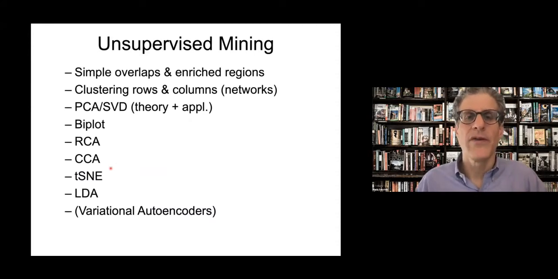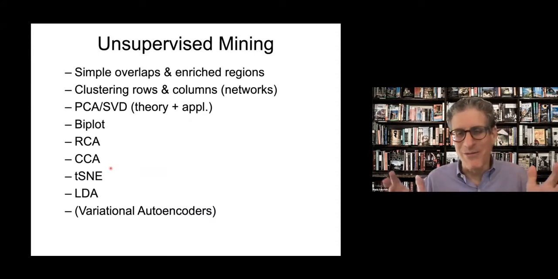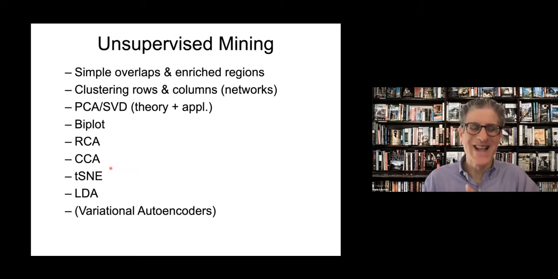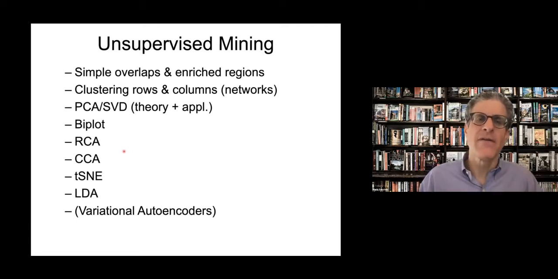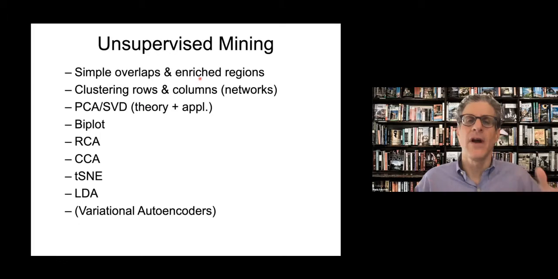And there's essentially an infinite number of things you can do with these matrices to go blue in your face. We're going to talk about many of the methods. I just want to give you a sense. First, you can just do real simple stuff, overlap things in the matrix, look for enriched regions.